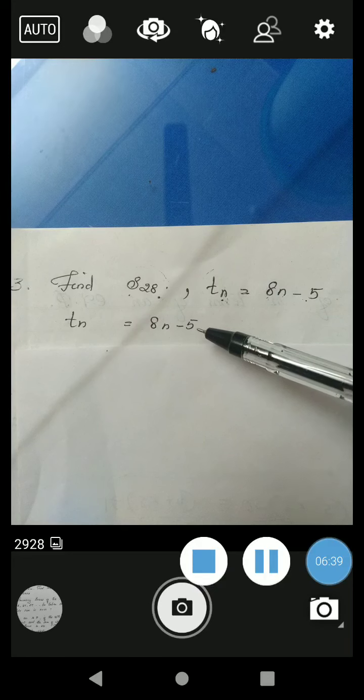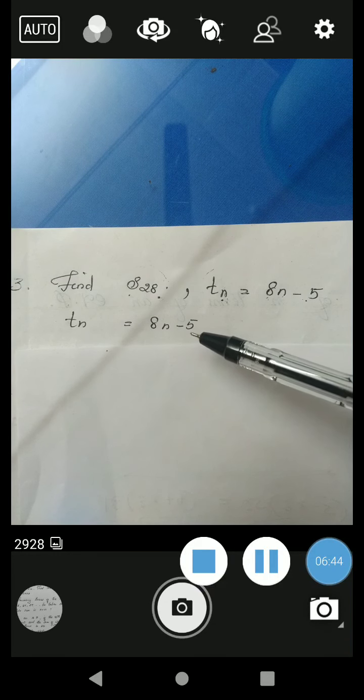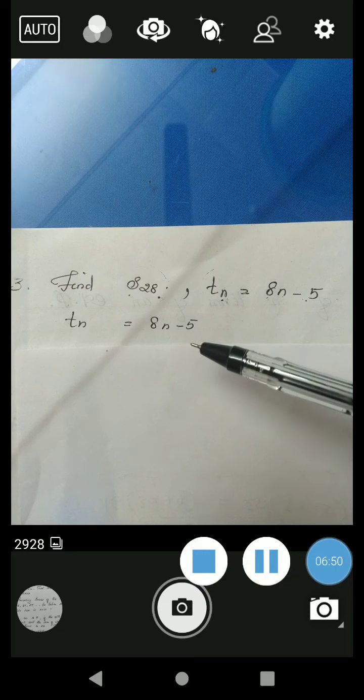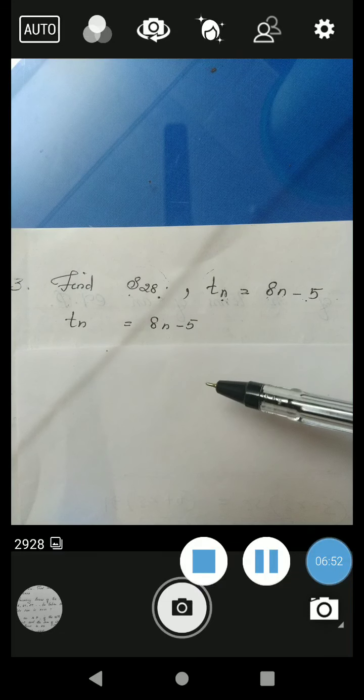Now question number 3. Find the sum of 28 terms of an AP whose nth term is 8n minus 5. The nth term is given: Tn is equal to 8n minus 5. The nth term is given, that means the last term. That is the only thing given. Can you find the first term? How can we find the first term?